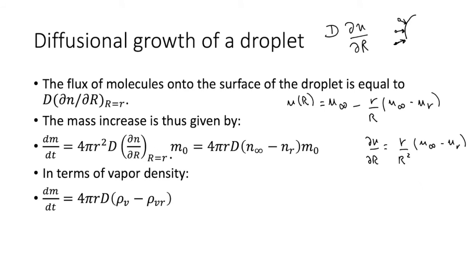Notice that we're taking the derivative exactly where capital and small case are the same, right? And so we can also rewrite this as 1 over the radius of the droplet. Okay, put it back in. This simplifies with this, and what we end up with is 4 pi r, the radius of the droplet, D, times the difference between the concentration at infinity and the concentration of molecules next to the surface of the droplet, times m0. Okay.